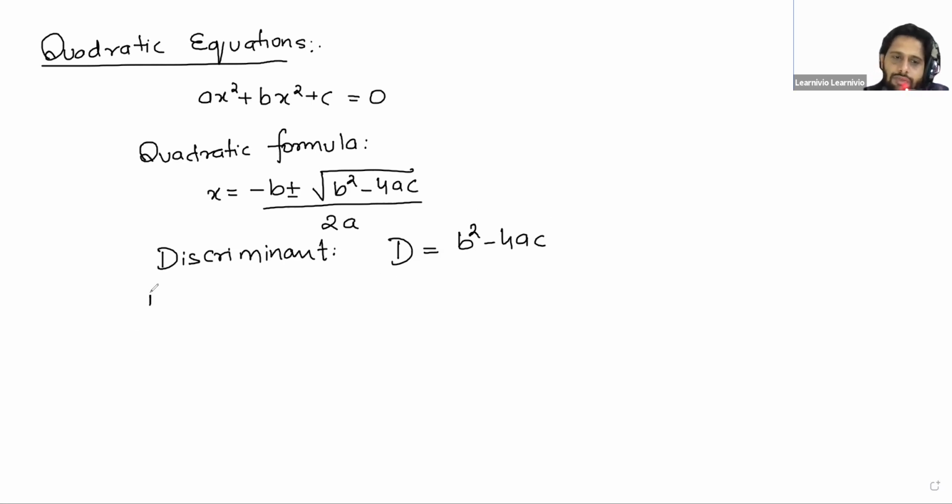So this is the discriminant, and on the basis of the discriminant, we can say whether the roots are real or not. First, when this discriminant d is greater than 0, then we will say that the roots are real and unequal.